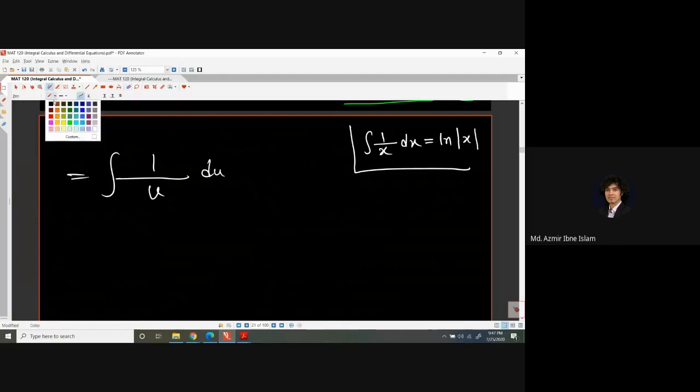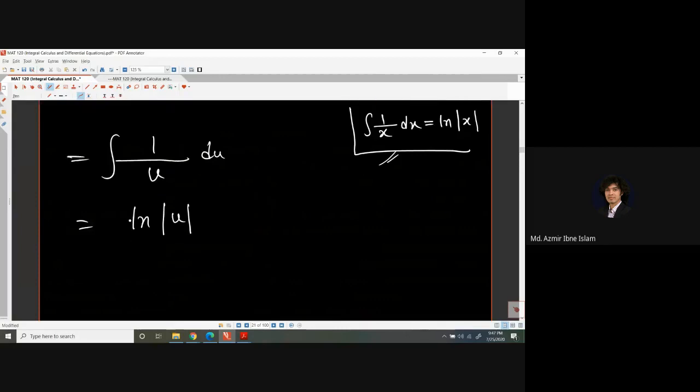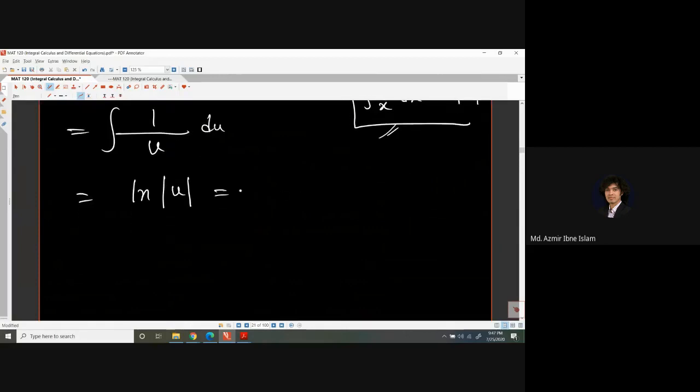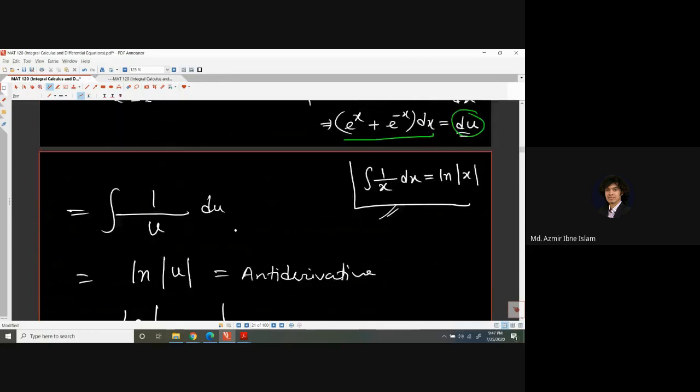so let's try to solve this one. Integration of 1 over u du goes with this formula, so we can easily write this as natural log of modulus u, that is ln modulus u. Okay, this is our antiderivative, but don't forget that we still have one task left, that is we need to get back to x again.